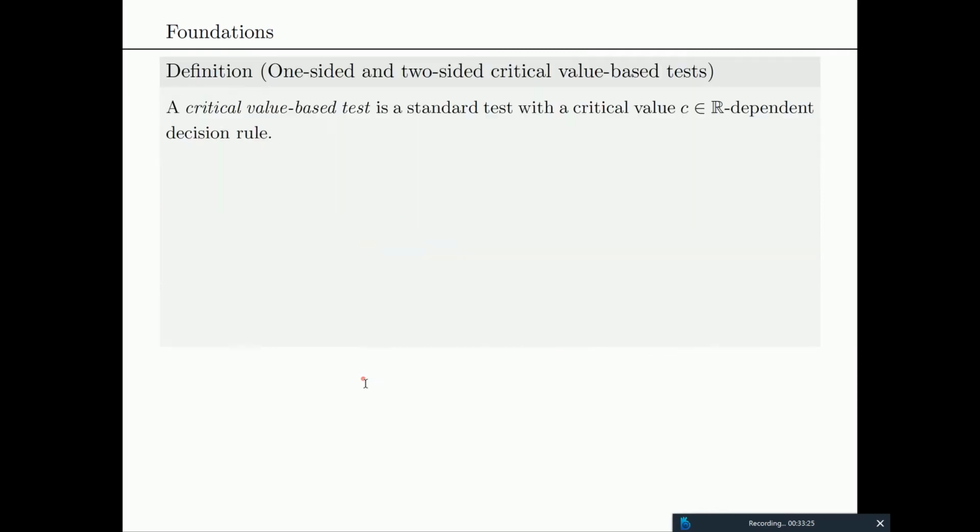And now I'm going into what is essentially the t-test, the prototypical critical value-based test. A critical value-based test is a standard test with a critical value C dependent decision rule.